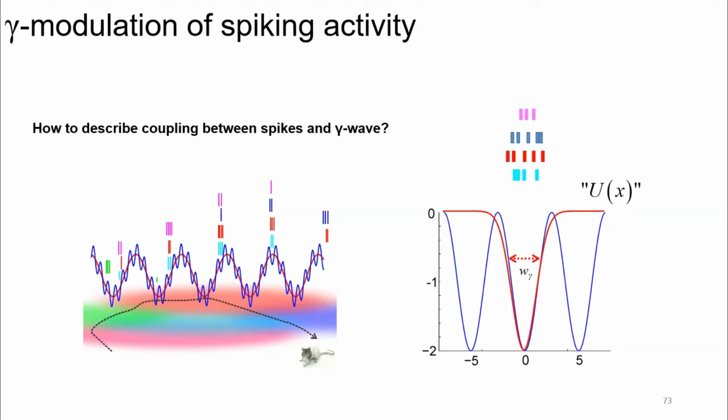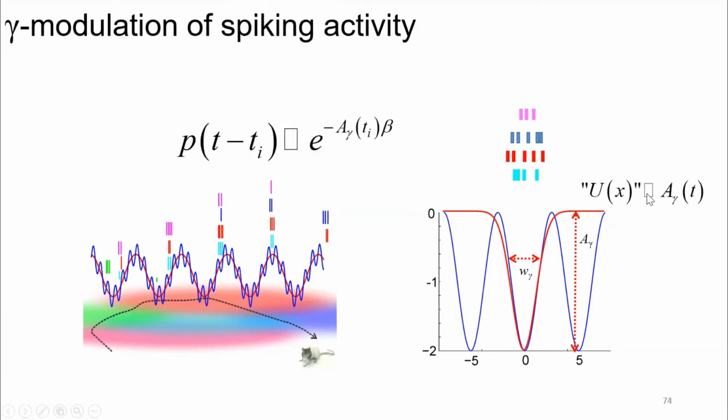Then this potential will have some width and some depth, and the depth corresponds to the amplitude of the gamma wave, so there should be a proportionality sign here. Invoking arguments at the level of the maximal entropy principle, we can say the probability of spiking gets an extra Boltzmann factor, modulated by e to the power of negative depth of your potential, and you introduce an extra variable parameter, an effective temperature.